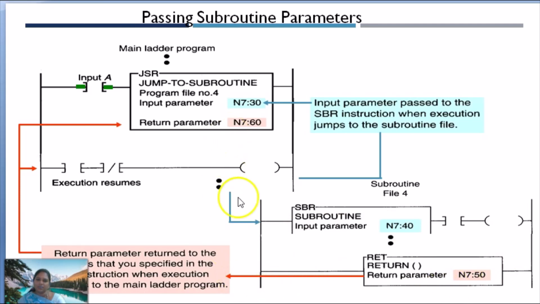That N7:50 is given as the return parameter, the output parameter, to N7:60 in the main program. The next execution can be done from the next rung of the JSR.